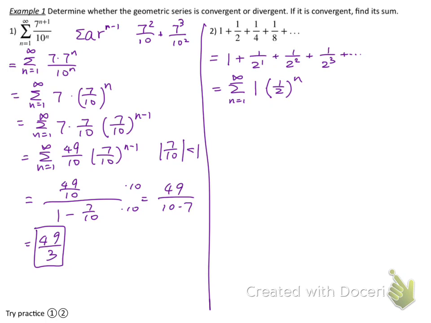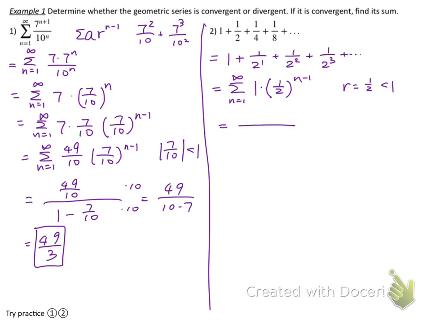The second term, n equals 1, right? And then, n minus 1. So the first term you get just 1. Second term you have 1 times 1 half to the n minus 1, which is 1 over 2. So here, 1 is the leading term. This is A, this is R. And our R equals 1 half is less than 1.